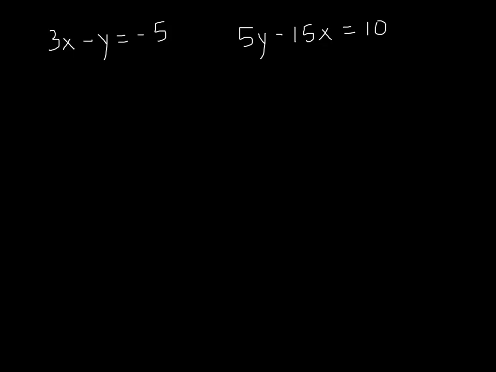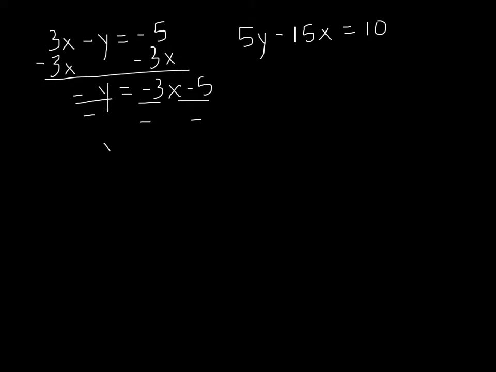Alright, so the first step should have been to get them in slope-intercept form, so solve for y. Subtract 3x from both sides. We get negative y equals negative 3x minus 5. Then we multiply or divide by a negative to get the y positive. So we get y equals 3x plus 5 for the first one.